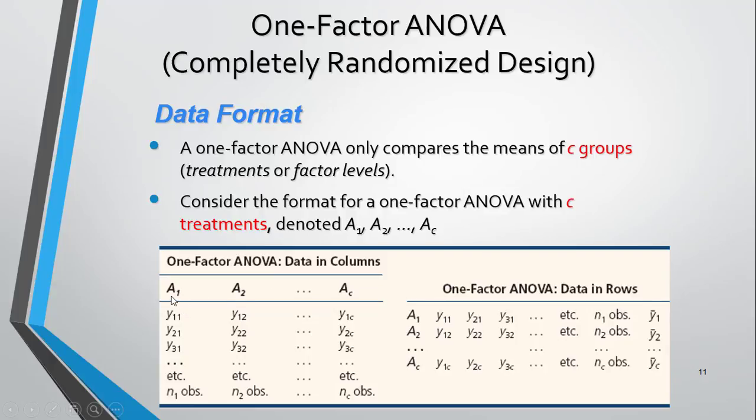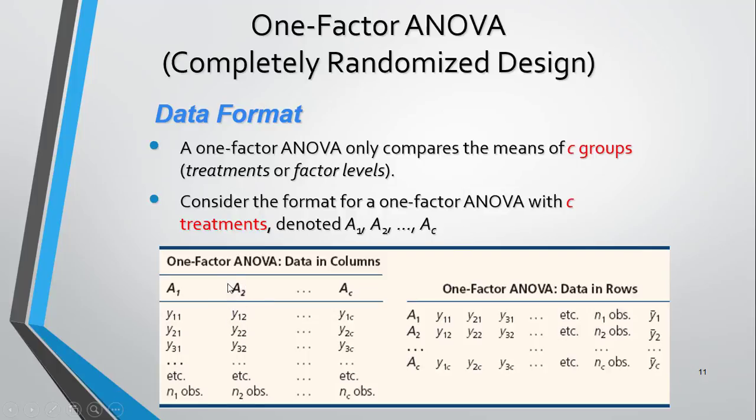This A1, A2, A3, all the way to AC, that's treatments, and then there are observations in Y. Right? For example, for the length of hospital stay, A1 should be like, say, facial bone fractures. And then you have the first patient with facial bone fractures stay in the hospital for how many days, and another person some other days, etc.